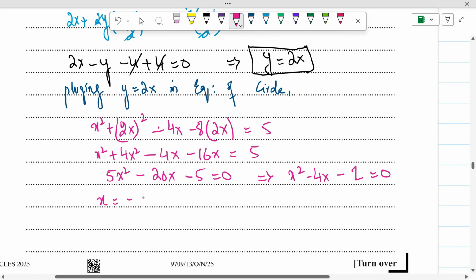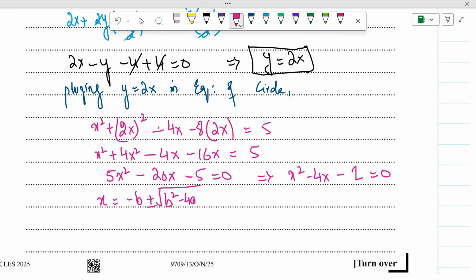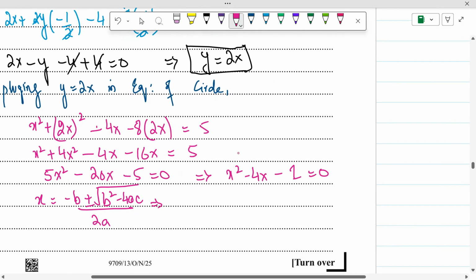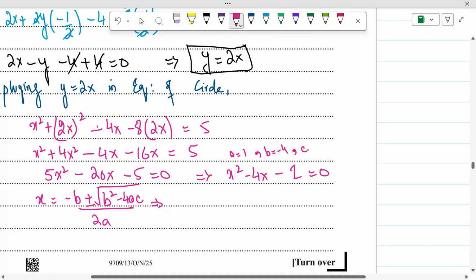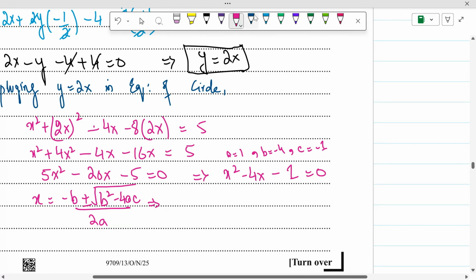So x is equal to (−b ± √(b² − 4ac)) / 2a, and in this case a = 1, b = −4, and c = −1.